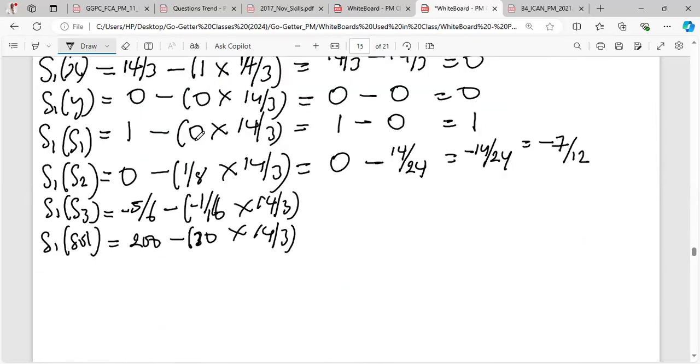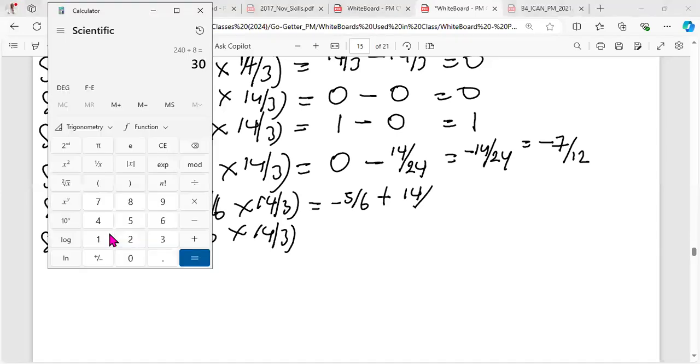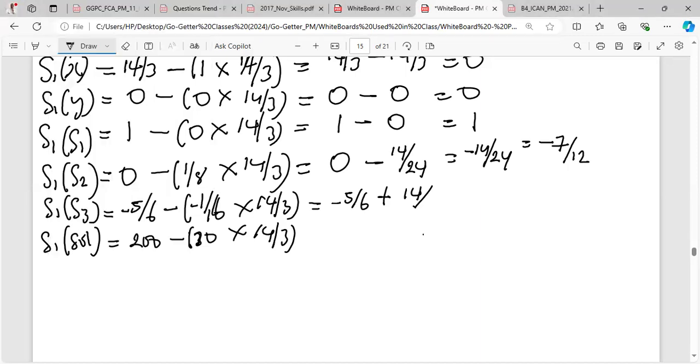Then we go to this next one here. This is going to give us minus 5 over 6. Now, minus times minus is going to give me a plus. 1 times 14 will give me 14. 16 times 3 is what I'm going to check now. 16 times 3 gives me 48.